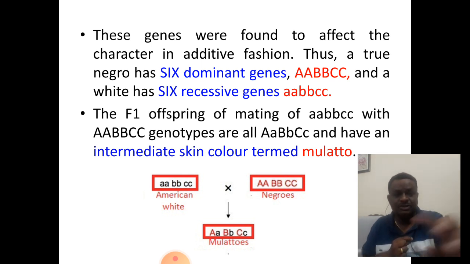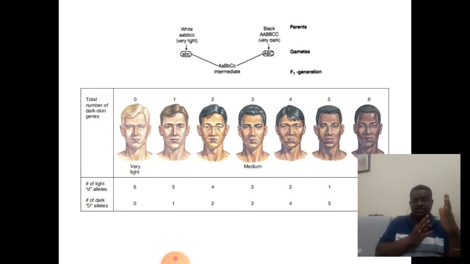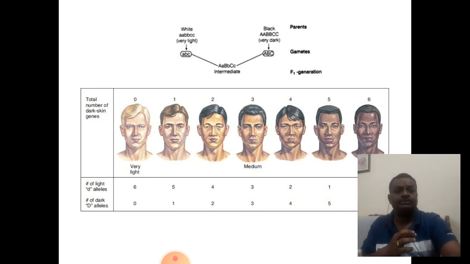So this is what you find in the F1 generation in the picture down here. When you look at the cross, towards the extreme right, when 6 dominant alleles are there, you have the color black. When all the alleles are recessive, you find white, and intermediate color with the 3 dominant alleles is mulatto or intermediate skin color.